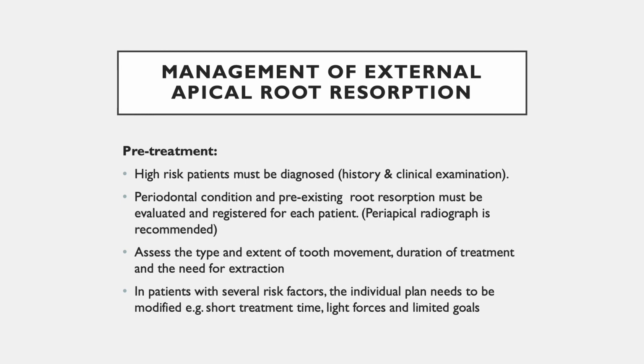We can do a periapical radiograph for a patient having periodontitis. Assess the type and extent of tooth movement, duration of the treatment, and the need for extraction. In a patient with severe risk, the individual plan needs to be modified. We have to use light forces, we should have a limited goal, and a shorter duration of treatment is recommended.